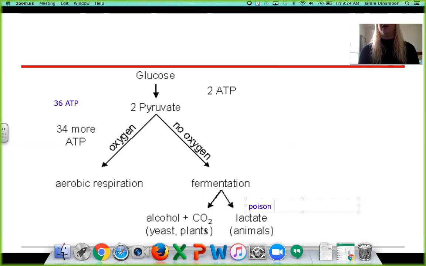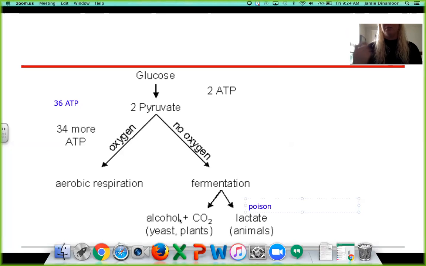Now, yeast and plants, they actually make alcohol when they go through fermentation. So eventually they will die, but they can live a lot longer than animals can without oxygen. Plants, not so much. Yeast, definitely. So we actually use this process to create foods for ourselves, right?